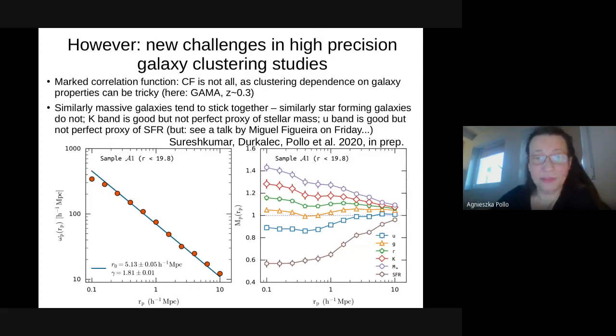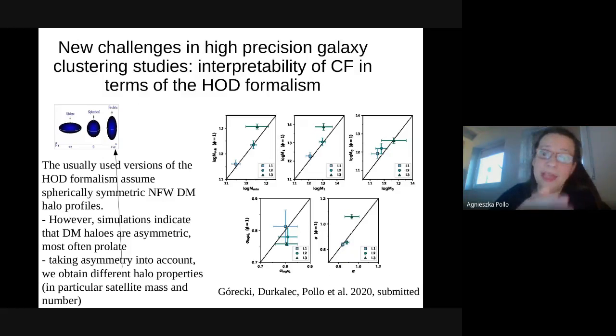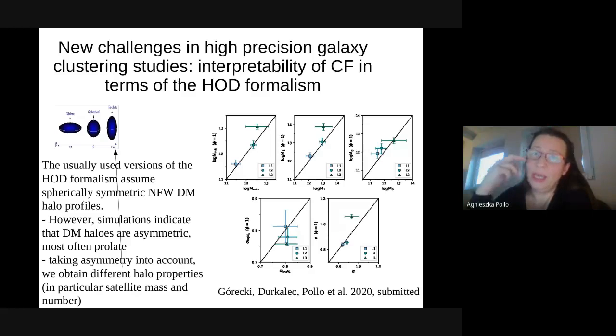And then, this is my last slide, also a word of caution about interpretability of the correlation function.